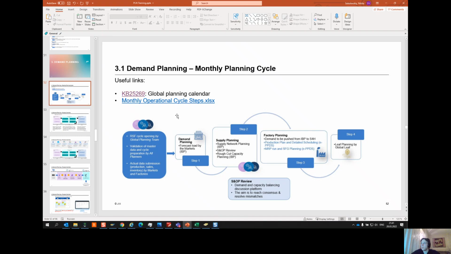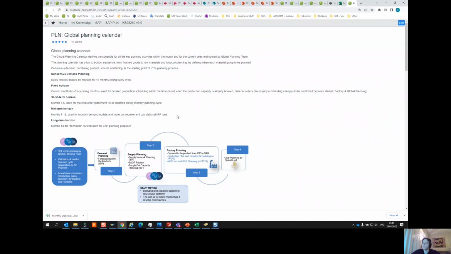So for this purpose, to explain how the process is organized throughout the months, we have first of all the KB, which is called Global Planning Calendar. I will not cover this whole KB. You can follow the link and check it yourself.